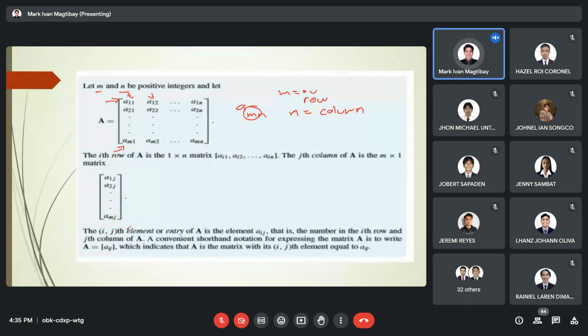Okay? And then the ith row of A is a 1 by N matrix na meron din pala pong possibility na magkaroon po tayo ng mga matrix na single row lang. So let's say A11, A12, up until A1N po natin.